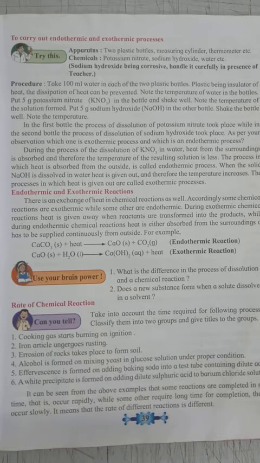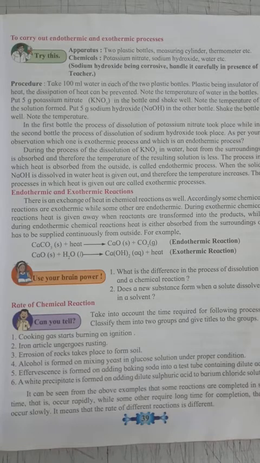In the first bottle, dissolution of potassium nitrate took place. In the second bottle, dissolution of sodium hydroxide took place. As you observe, when potassium nitrate dissolves in water, we have to give heat from the surroundings. Without heating, it cannot dissolve in water.